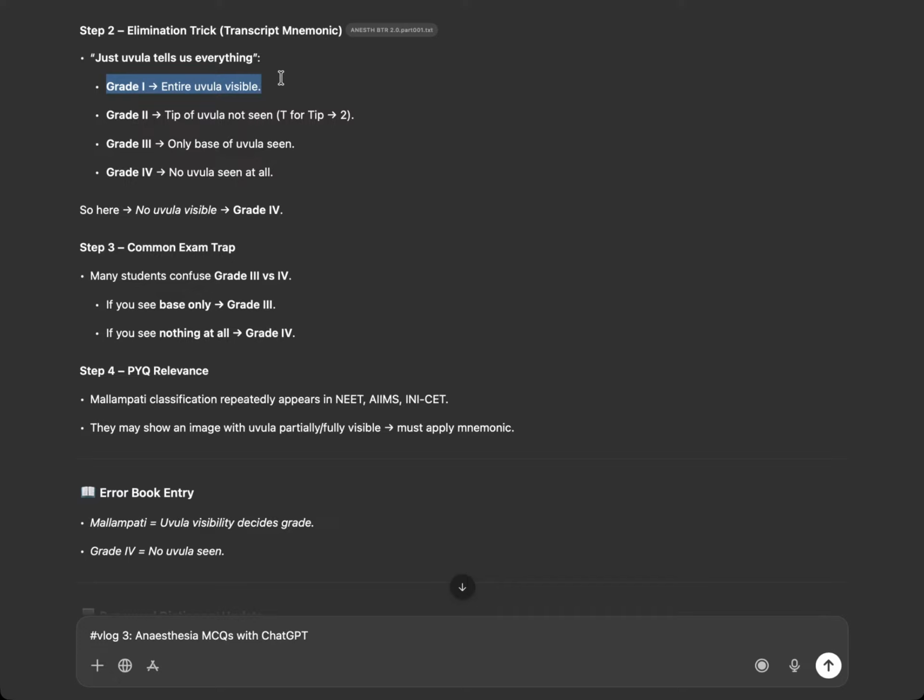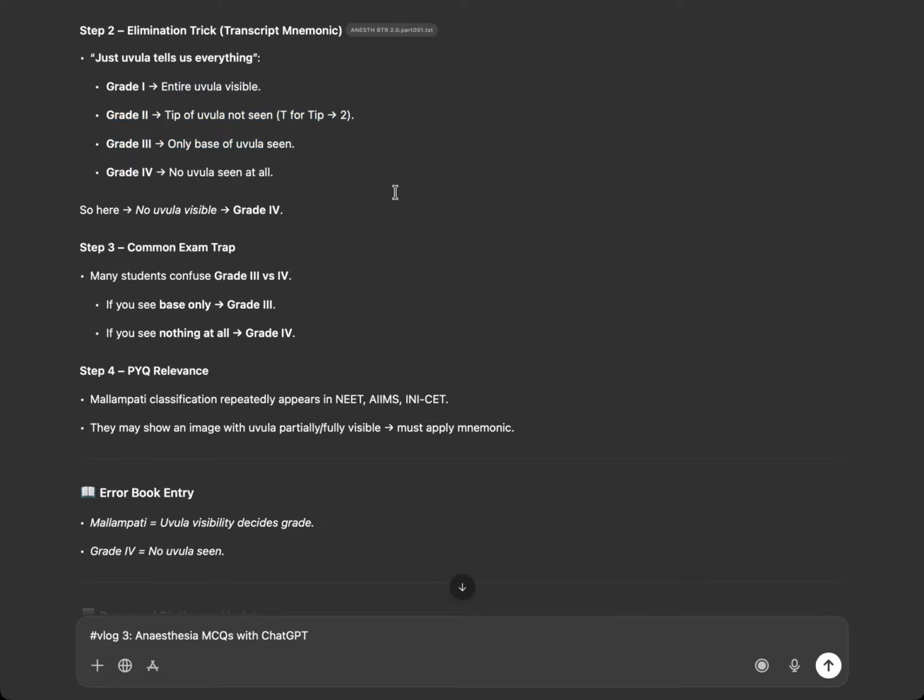But in grade 2, only the upper part of the tonsillar pillars is seen, the fauces and soft palate are seen, and except for the tip, the rest of the uvula is seen. So the tonsillar pillar is completely visible in grade 1, partially in grade 2, and not seen in the other two, and the soft palate is visible in all except grade 4.